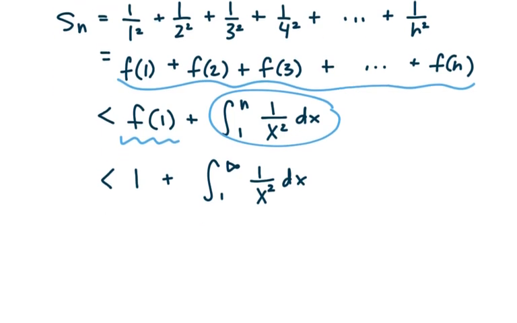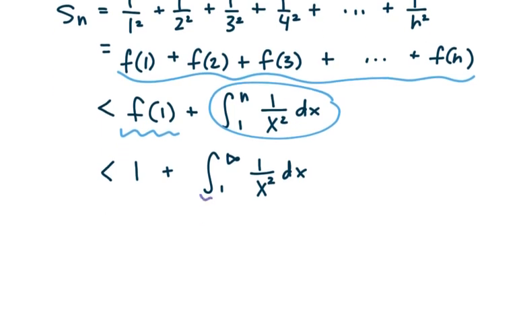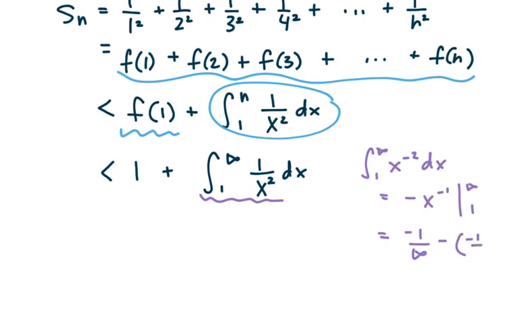So if I go about calculating this improper integral, and we did this in a previous chapter, essentially the integral from 1 to infinity of x to the negative 2 dx is going to equal negative x to the negative 1 evaluated from infinity to 1, which is negative 1 over infinity minus negative 1 over 1. So negative 1 over infinity goes to 0, and I end up with 0 plus 1, which is just 1.